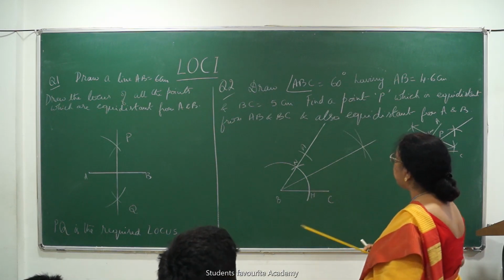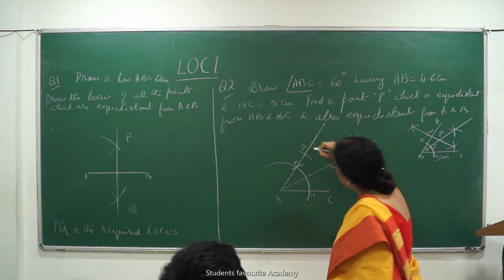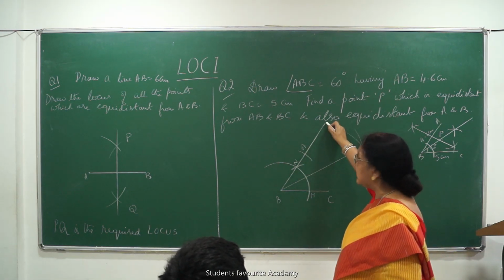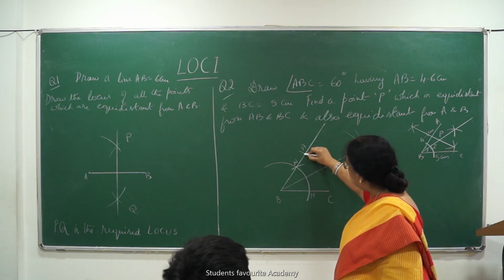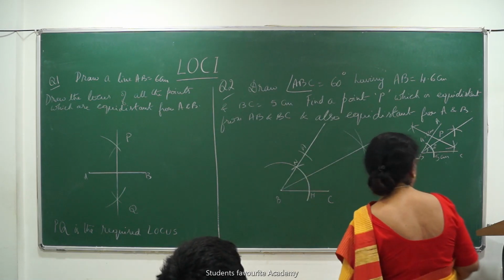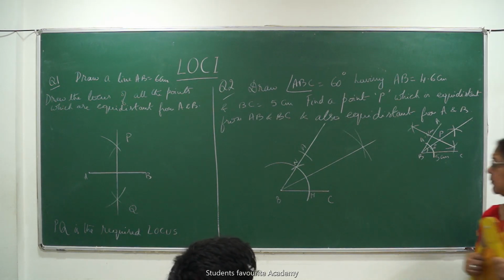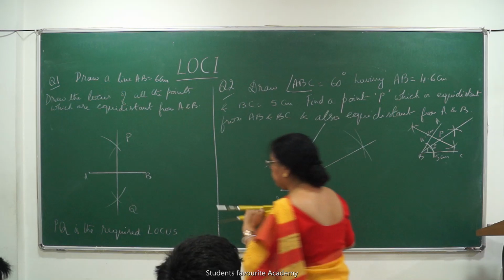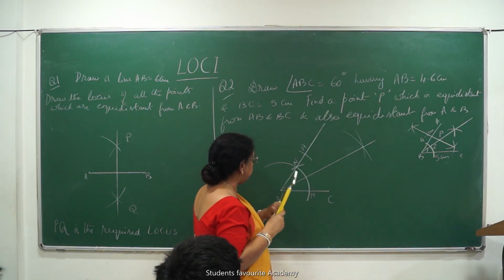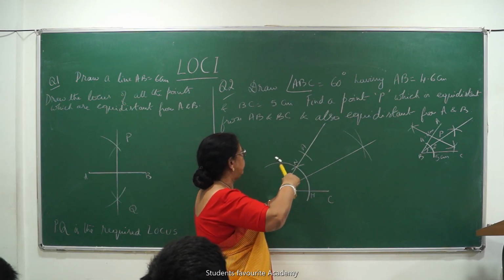Now we have to draw the perpendicular bisector of AB. So now A is here. Usually children make the mistake of taking A somewhere else. A is here. So this is AB, and we have to draw its perpendicular bisector. We have to take a radius more than half.